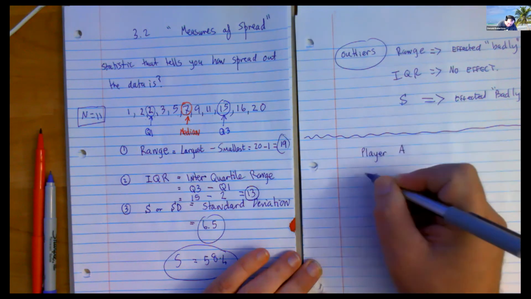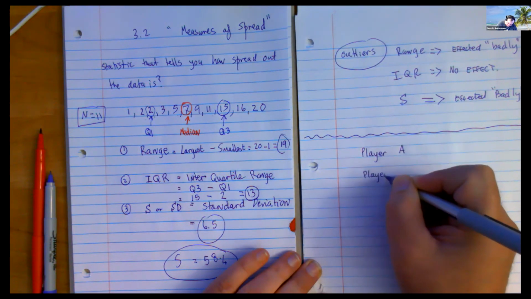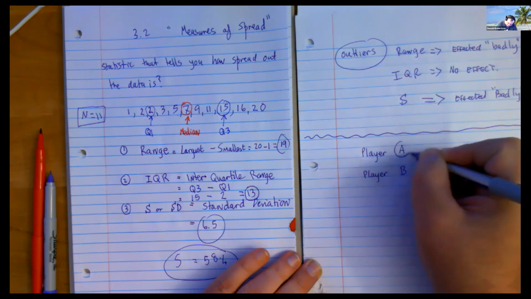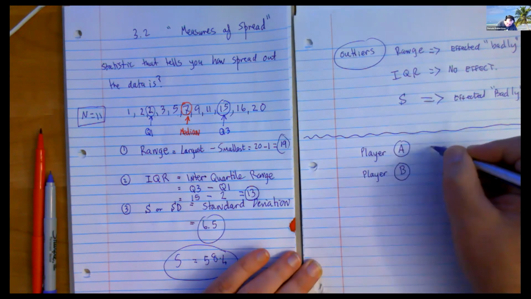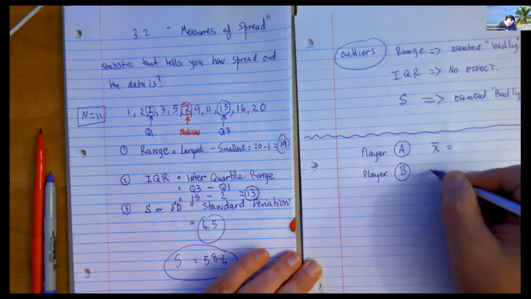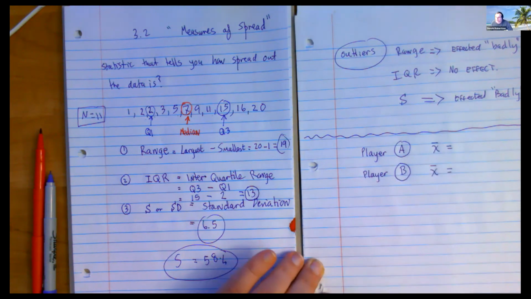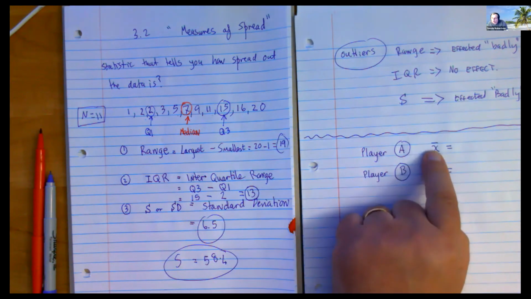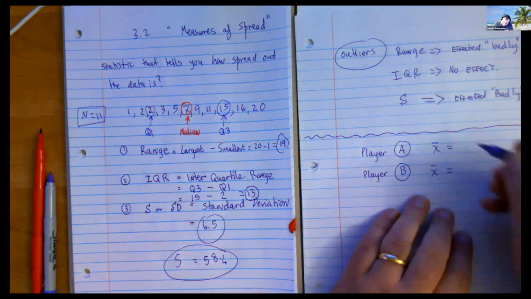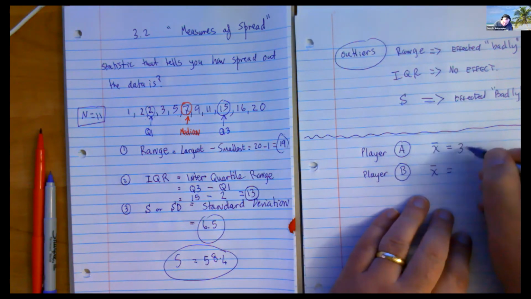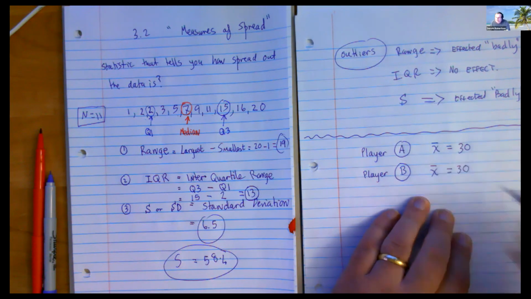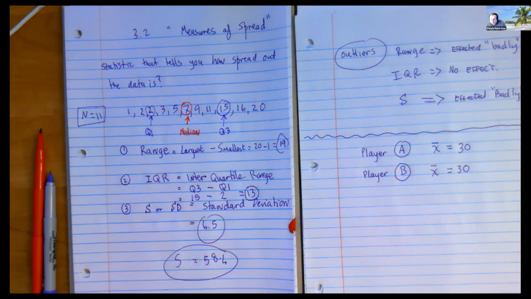I am going to have two players, player A and player B. And the only thing I'm going to tell you about these two players are two of their statistics. First thing, I'm going to tell you what their mean is. Their mean is 30. So in a typical game, this guy, if you let him play for the whole game, will score 30 points. Now, I don't know if that makes him a good player, an average player, a phenomenal player, but 30 points is what he's getting.